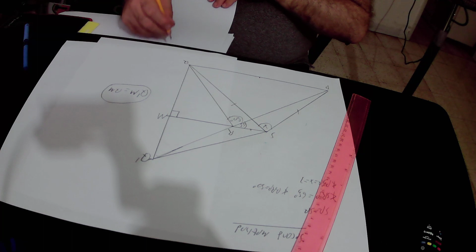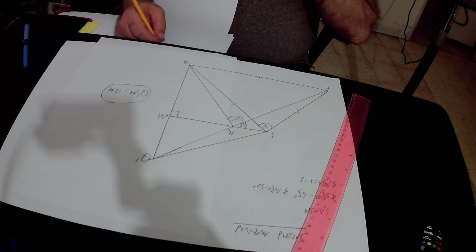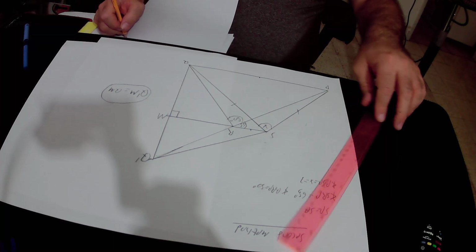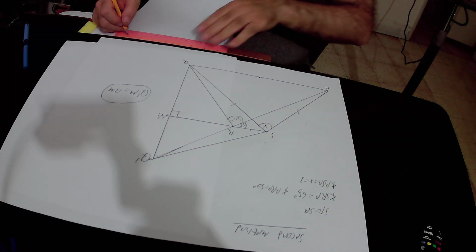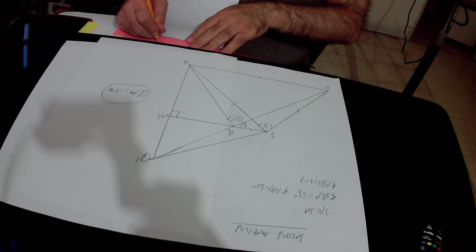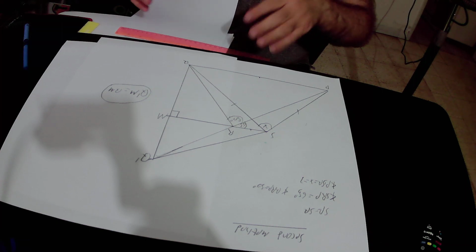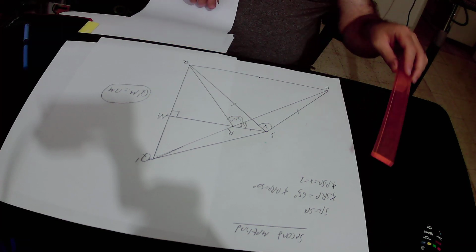SM is a straight line. I write it down that SM is a straight line. And we have rule number 1 that states that the sum of the angles on one side of a straight line is equal to 180 degrees.